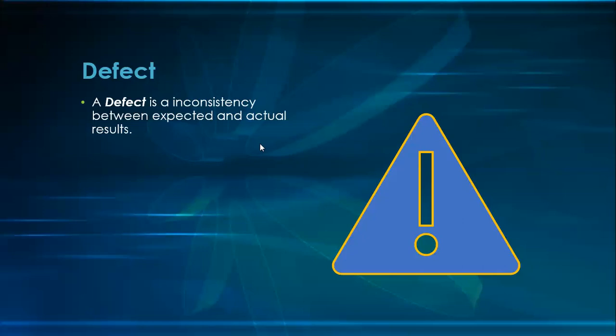Your expectation is when you pick up that pen, the requirement says when you pick up that pen to write, when you scribble it, there should be ink and it should write. That is the expectation.